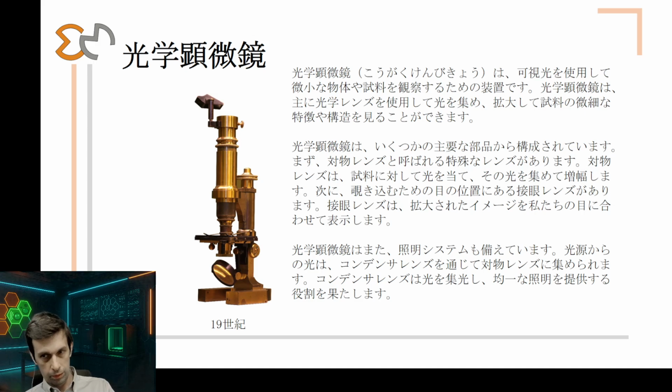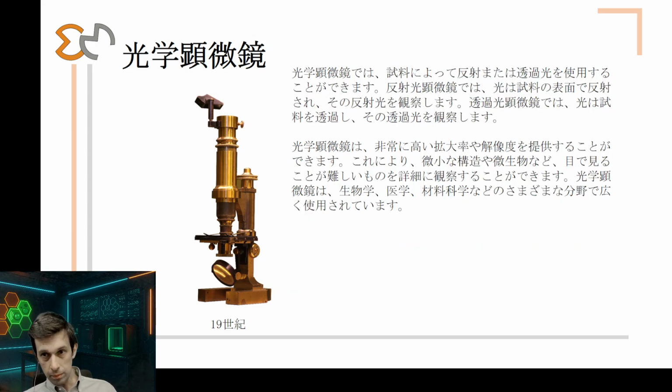This is an example of an optical microscope from 200 years ago. They also work in either reflected or transmitted light, which is similar to what happens with the scanning electron microscope and transmission electron microscope. What does this mean?